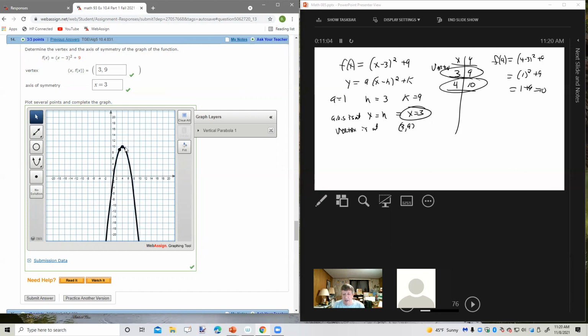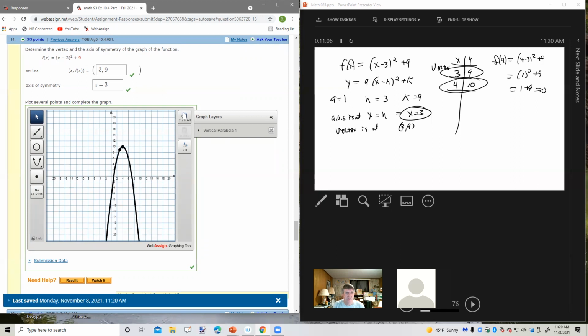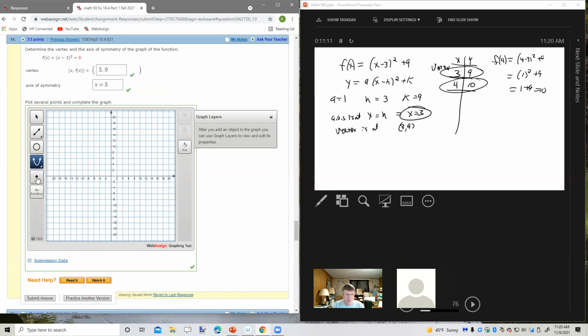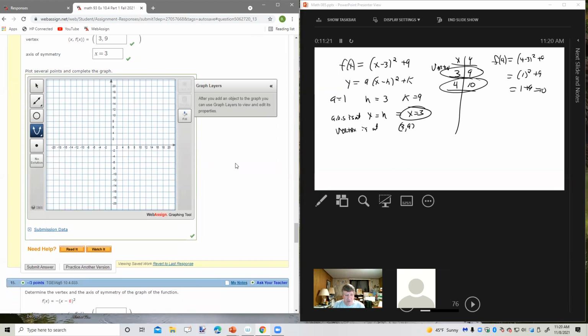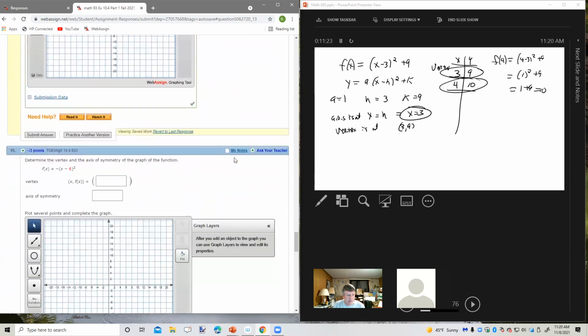You've got to graph the vertex first, and you've got to have clicked on this button until it's blue, not down here, okay? And I know I'm whining about it, but so many students don't do it correctly because they don't bother to come watch the videos.